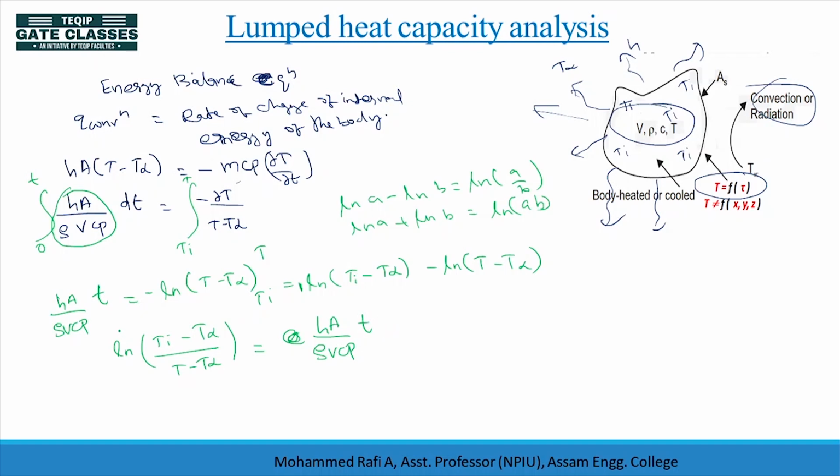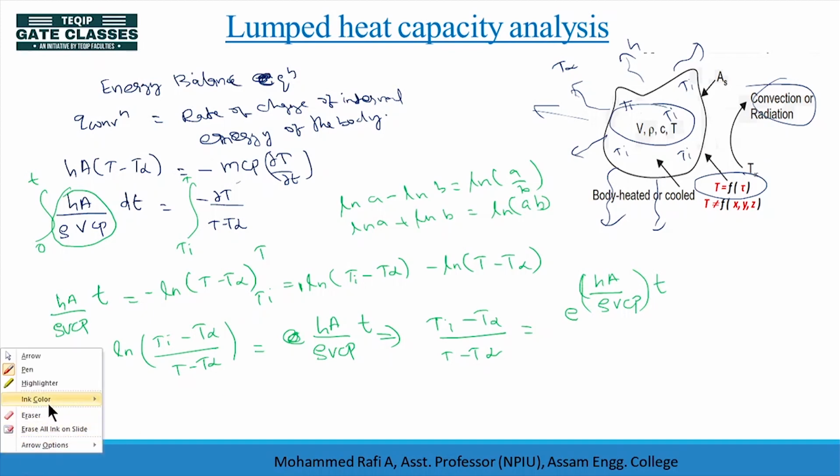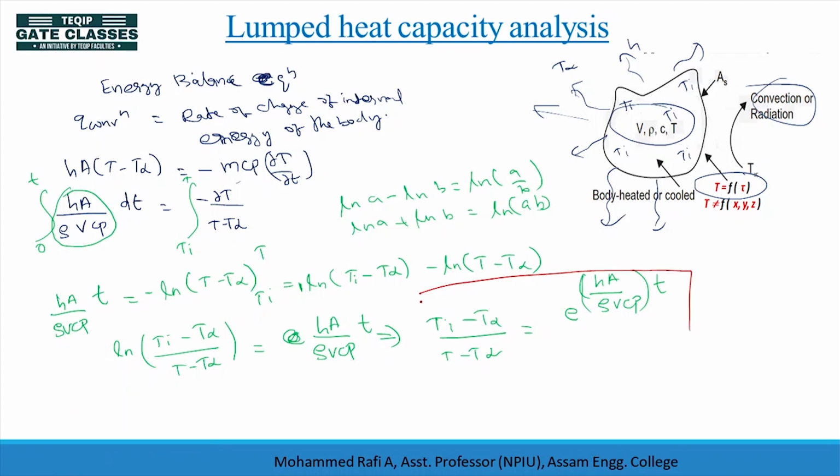In order to remove the logarithm on this side, I can write (Ti minus T infinity) divided by (T minus T infinity) equal to e to the power hA by rho V Cp into time. So this is a beautiful equation. Everybody should remember it. Throughout our analysis, we will be recalling this.